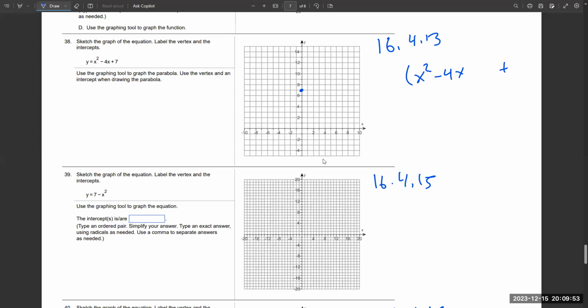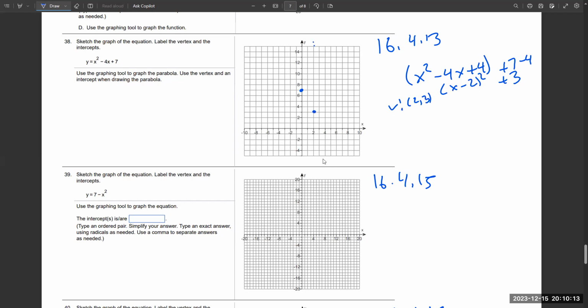Half of -4 is -2, squared is a +4. 7 minus 4 is going to be 3. (x - 2) squared plus 3 gives me a vertex at 2, 3.